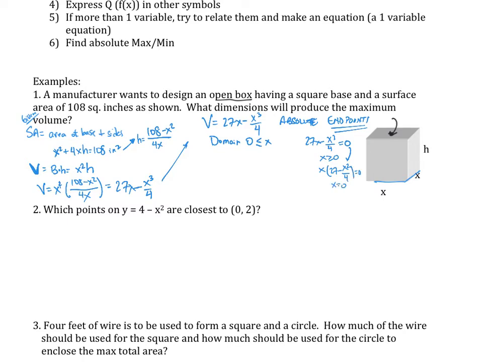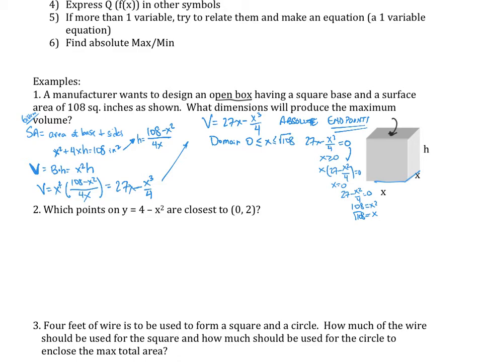So we know we have x equals 0. That's part of my domain. And then this 27 minus x squared over 4 equaling 0, right? If I bring the x over, multiply by 4, I get 108 equals x squared. x is going to be the square root of 108. All right, so that's my domain. I can go all the way out to the square root of 108.